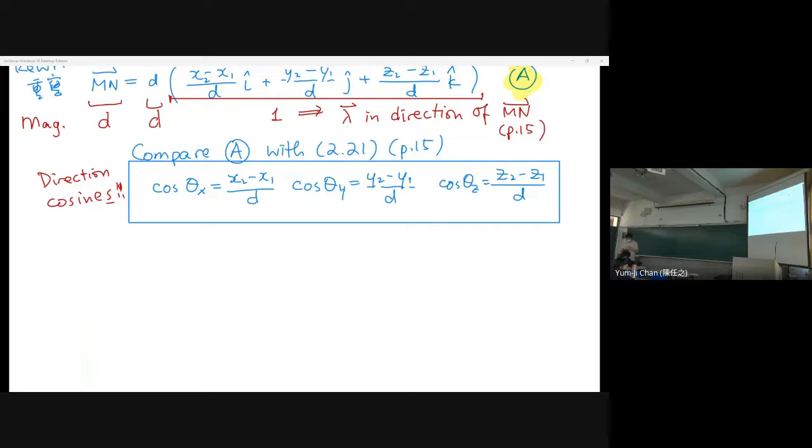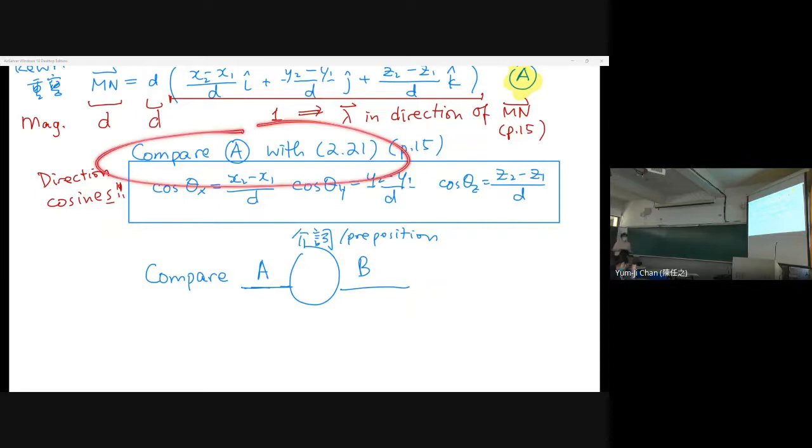And if you have written this down, then think about a problem of English. I think you have learned this one called 介词, or the preposition. Usually if we say compare A, and I write here, compare A with 2.21, we can write with here.